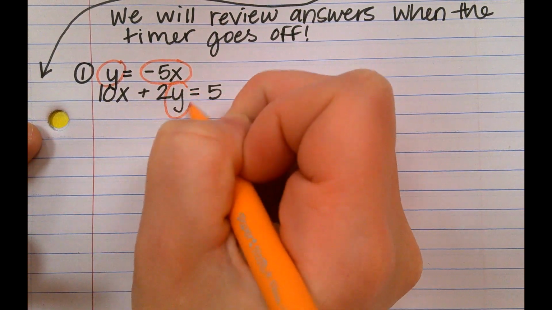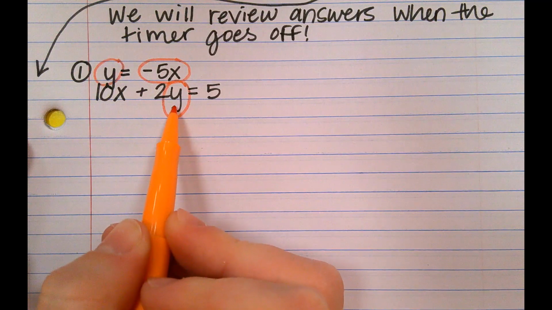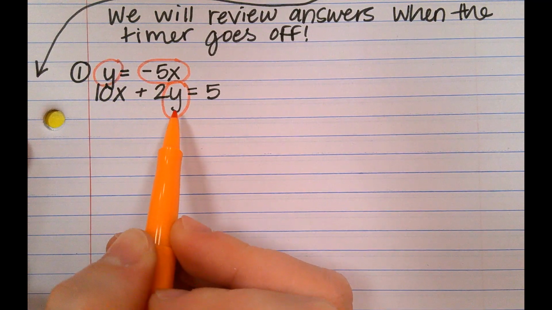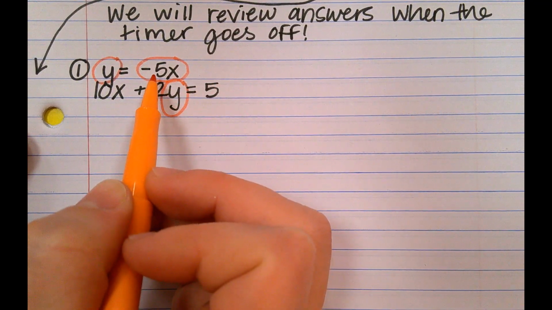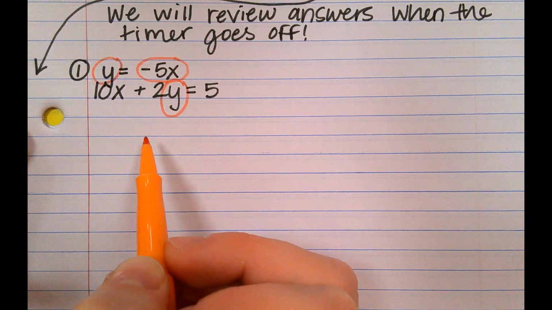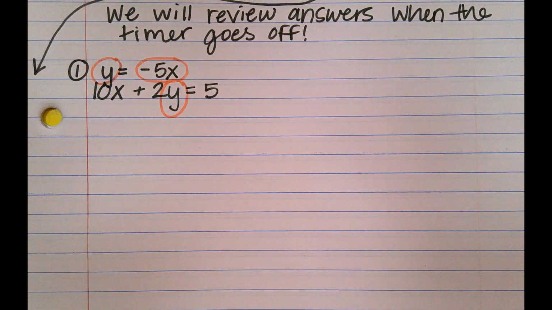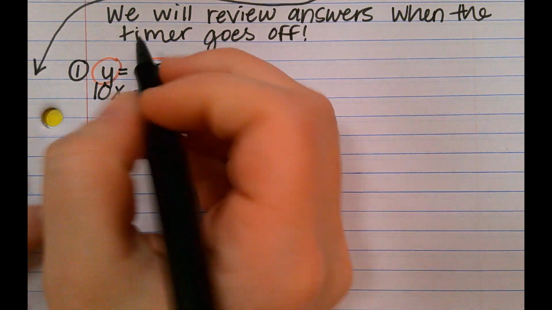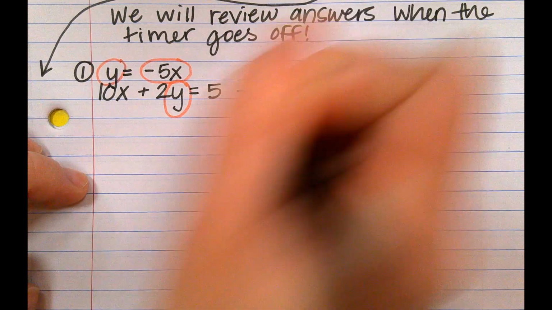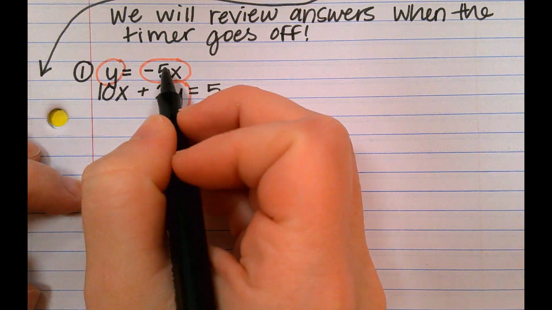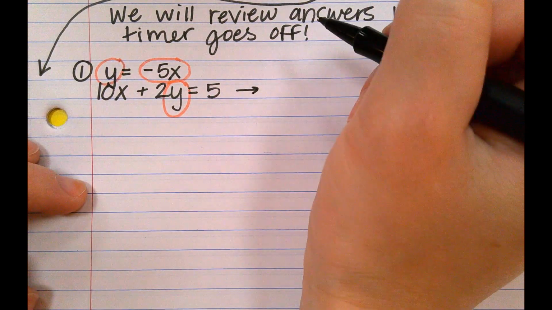Any other y's that I have, like this y in my second equation, can be replaced with negative 5x. We're going to substitute it for negative 5x. So I'm going to do what Charles was saying, where we rewrite that second equation, but we're also going to plug in negative 5x for y.